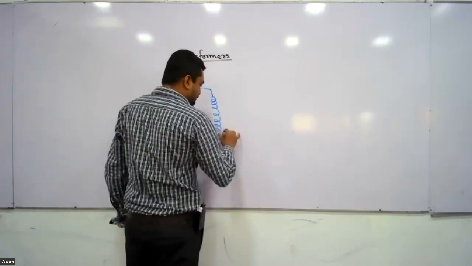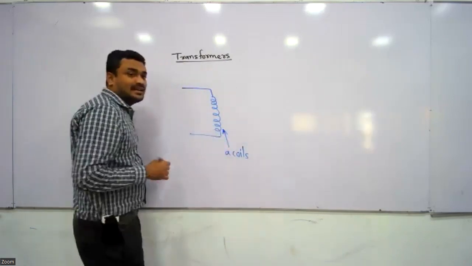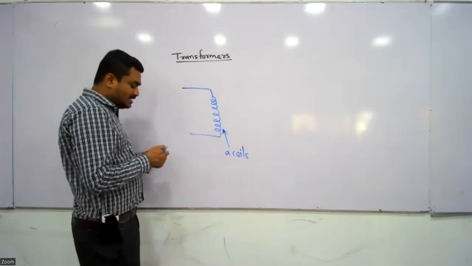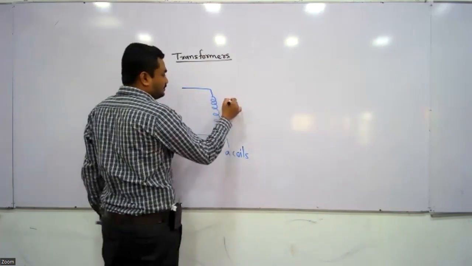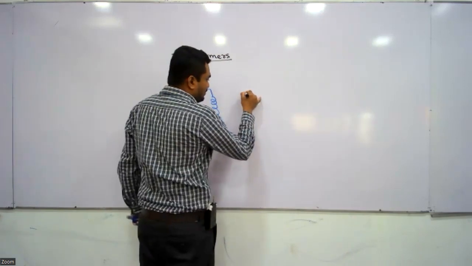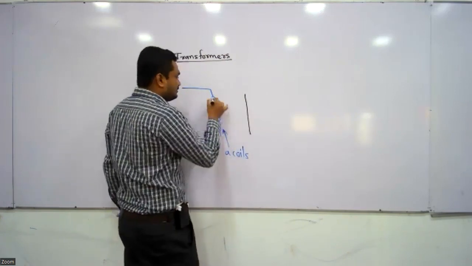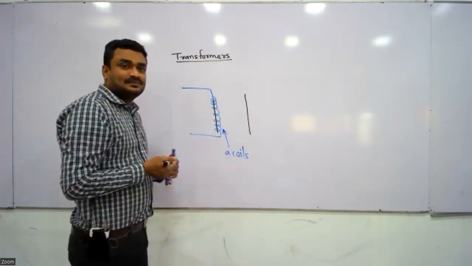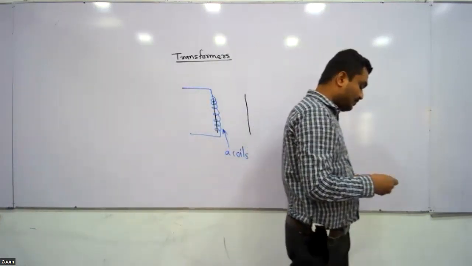This is a coil. How many such coils are there? There are two such coils. They are wound on the same metal core. A metal core means, let's say, a metal rod. On the metal rod, they have wound this coil like that.